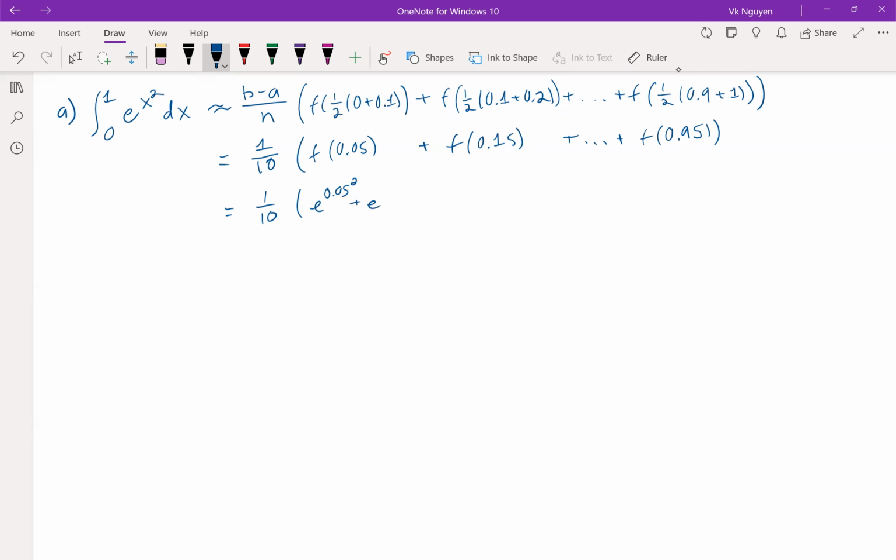plus e to the 0.15 square plus e to the 0.25 square plus e to the 0.35 square plus e to the 0.45 square plus e to the 0.55 square plus e to the 0.65 square plus e to the 0.75 square plus e to the 0.85 square plus e to the 0.95 square.